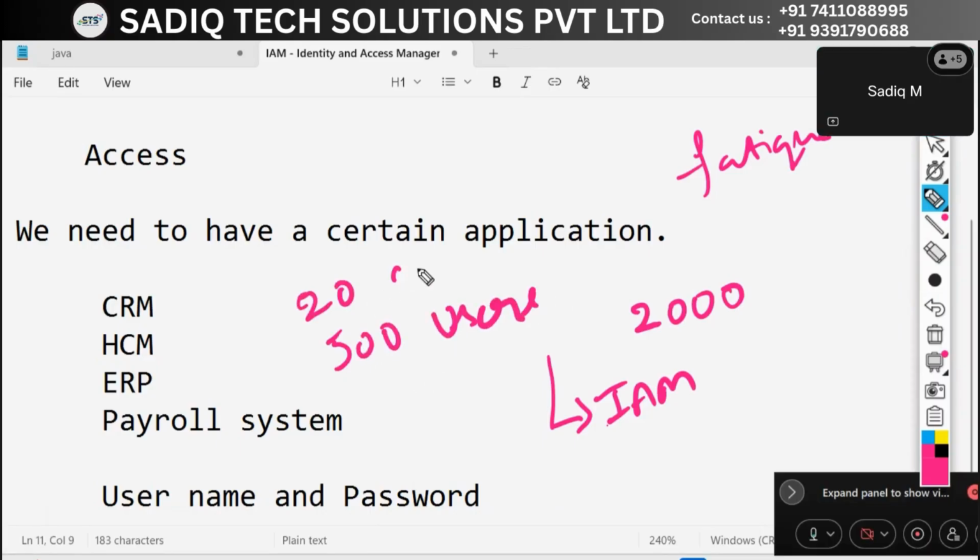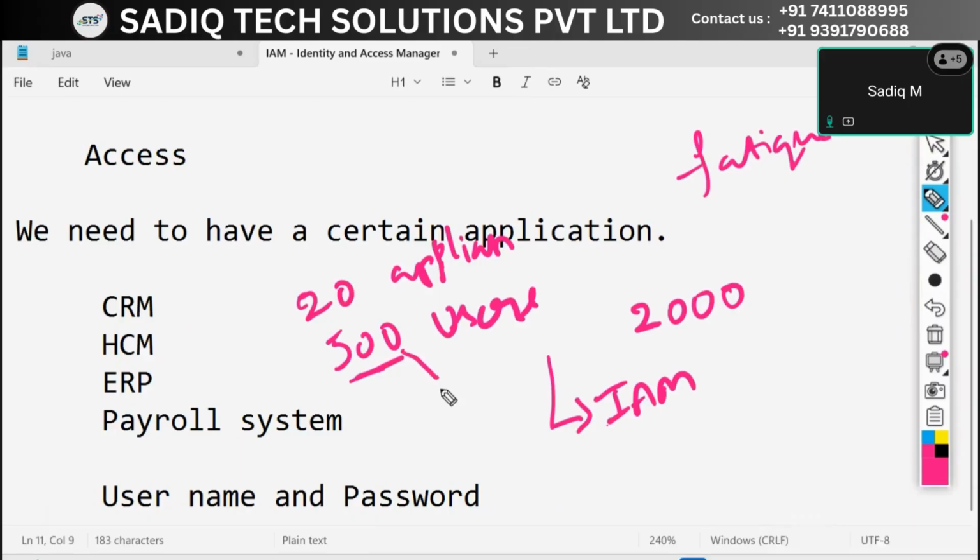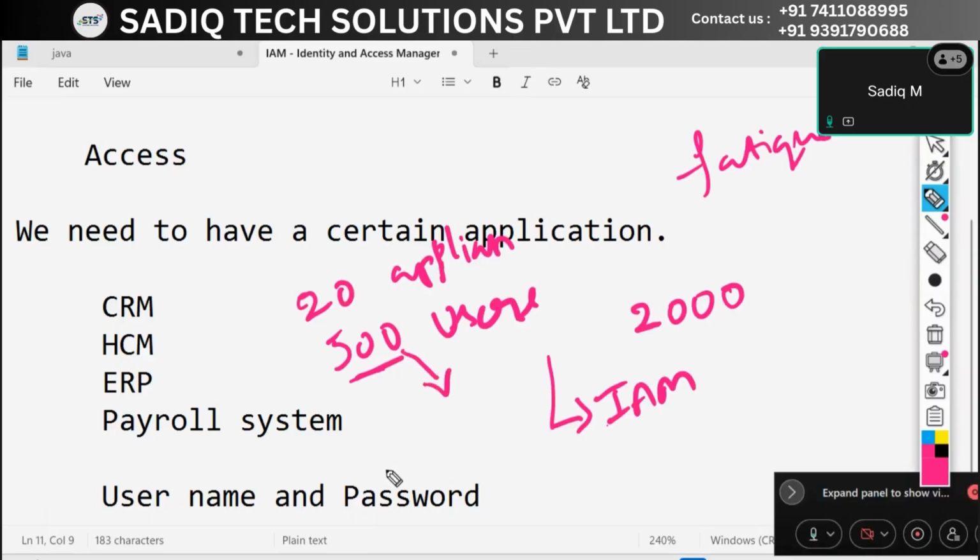I have to maintain the usernames and passwords of these 500 users for these 20 applications. And if one user has left the organization, the admin's task is to remove that user's username, password and account details from all 20 applications.